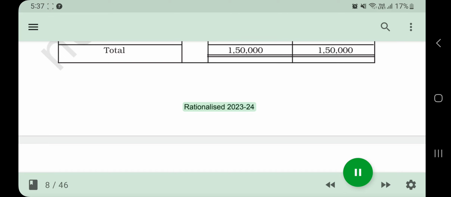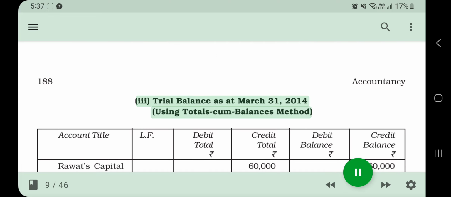III. Trial balance as at March 31, 2014, using totals cum balances method.